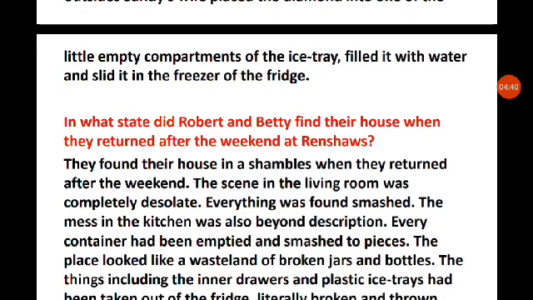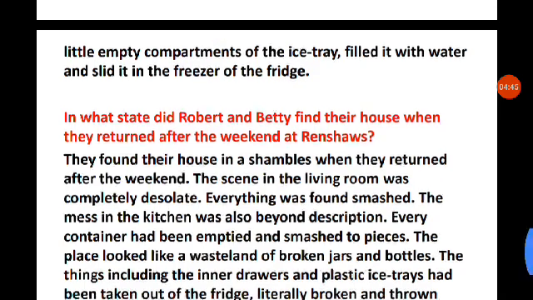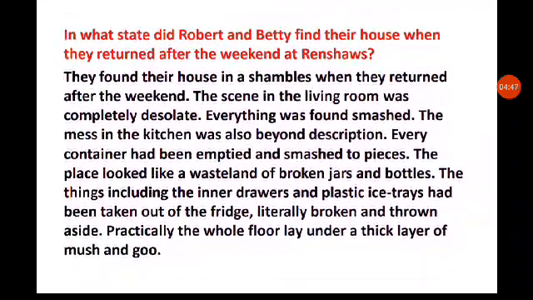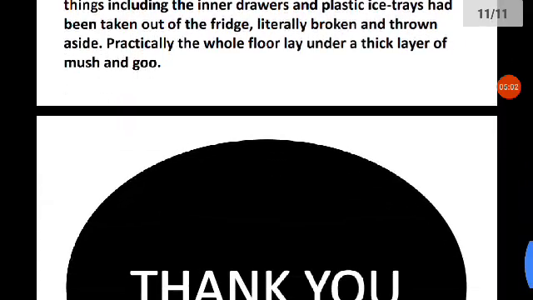Every container had been emptied and smashed to pieces. The place looked like a wasteland of broken jars and bottles. The inner drawers and plastic ice trays had been taken out of the fridge, broken and thrown aside. Practically, the whole floor lay under a thick layer of mush and goo.